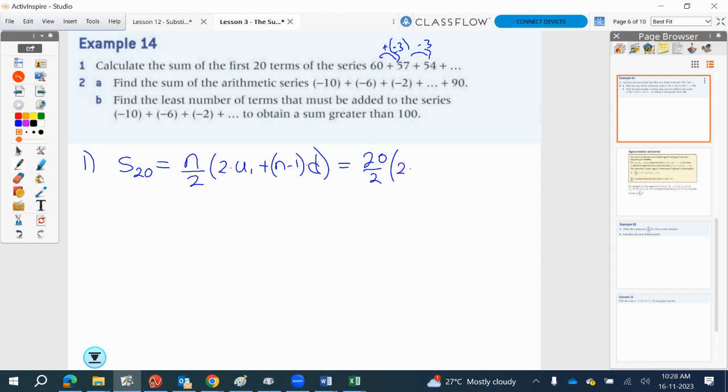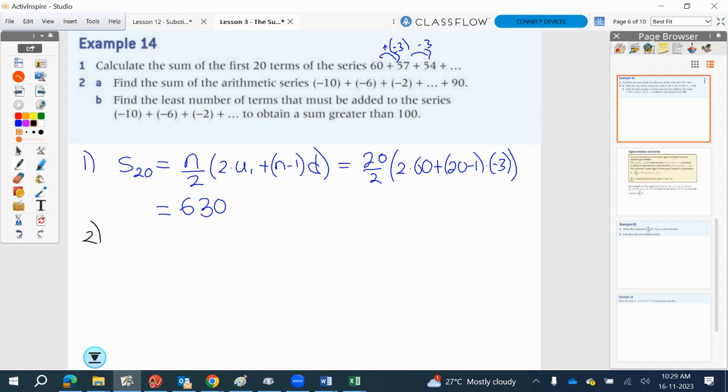We need 2 lots of the first term plus 20 minus 1 times the common difference. Pop that into your calculator. 630. We're done.